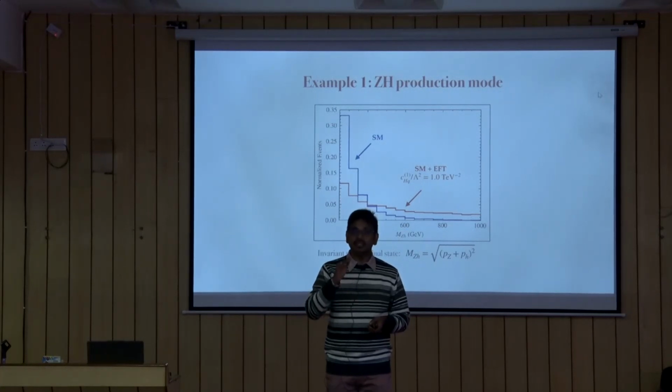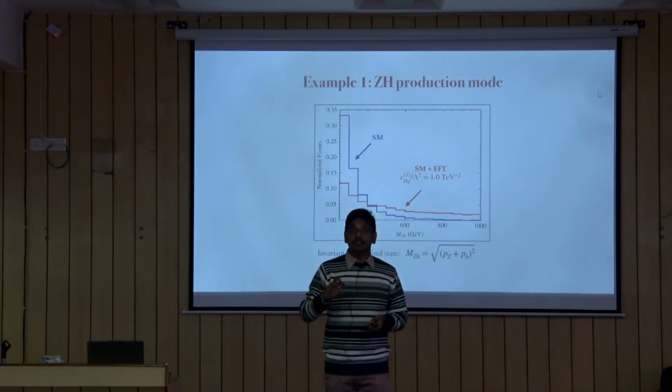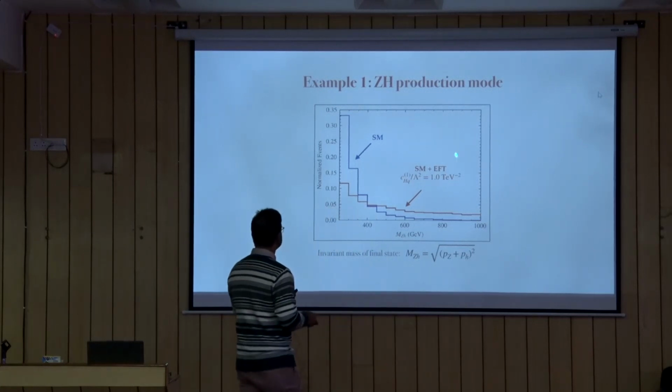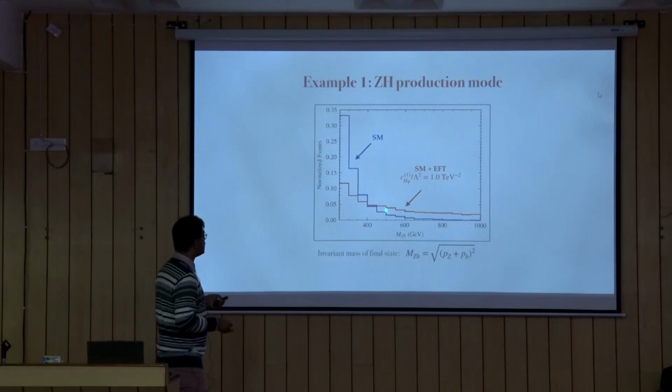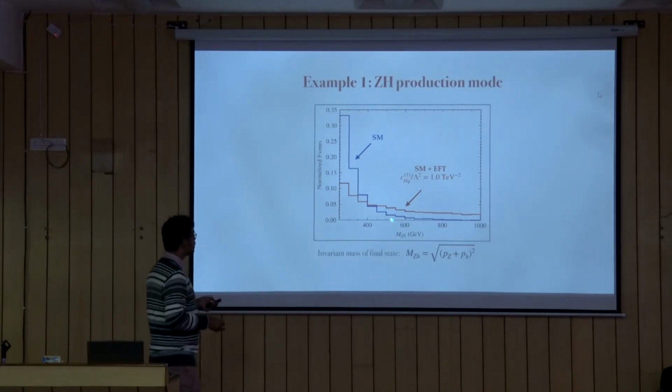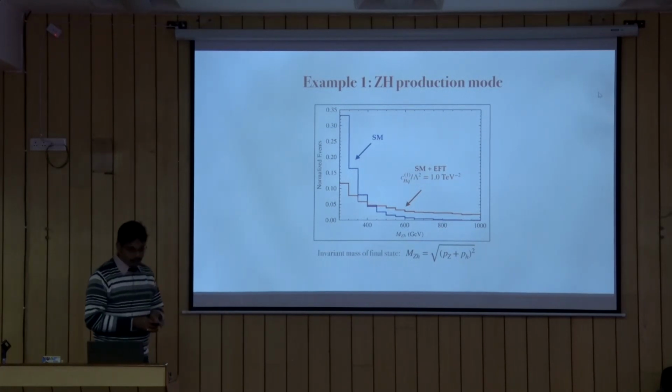In standard model, it's the S channel suppression. So when you include this effective operator contribution, in the tail of this ZH distribution, there is an expectation that this effective operator contribution can show up.